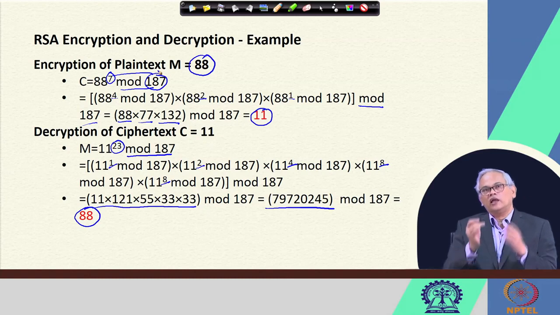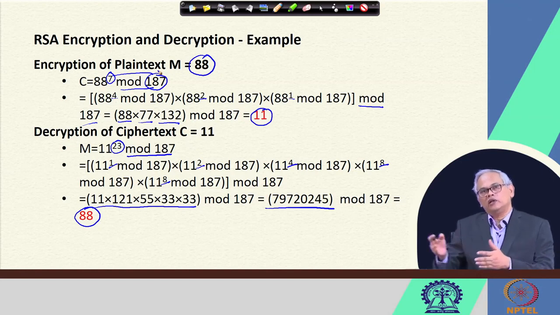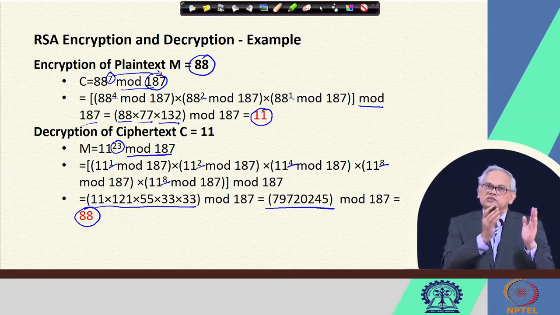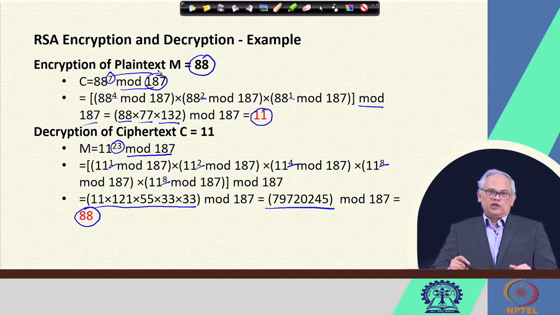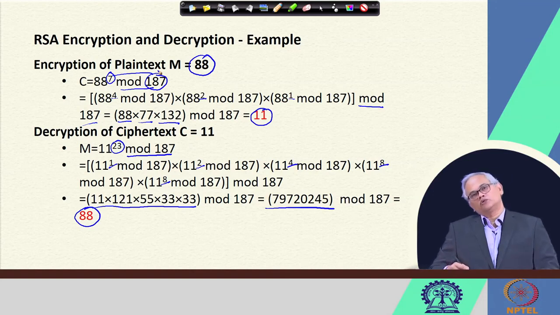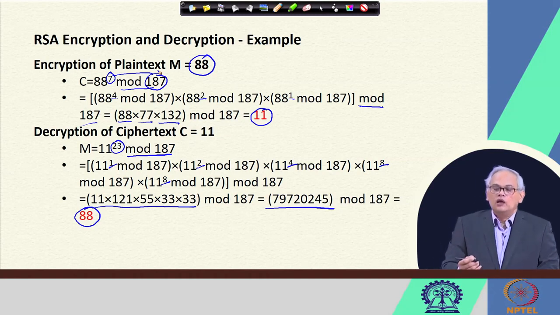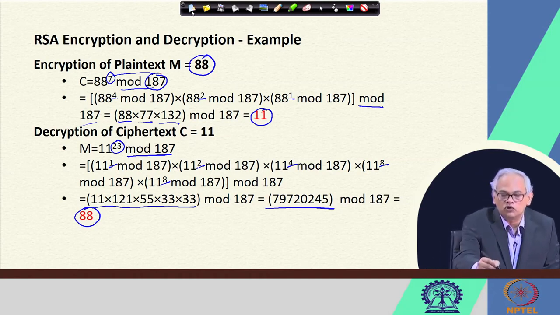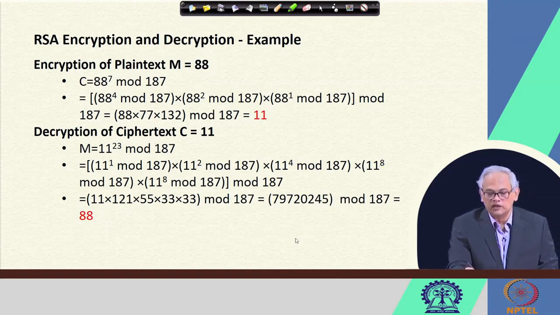So, that means that for any plain text M, if we first apply the public key and on top of it we apply the private key, we will get back the plain text. Similarly, on the same plain text, if we first apply the private key and then on top of that we apply the public key, we will get back also the plain text. So, that is an important property of this type of encryption and decryption using RSA especially. So, that tells us how to do encryption and decryption using RSA.